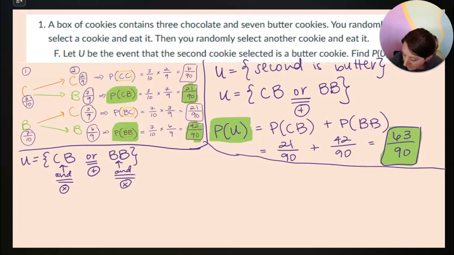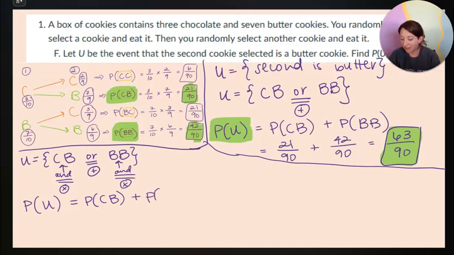This is going to be a very long statement, so I'm going to color code. The probability of U would be the probability that we have chocolate butter, or, which is adding, the probability of butter butter. But let's break that down even further.